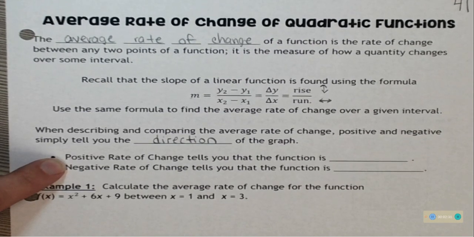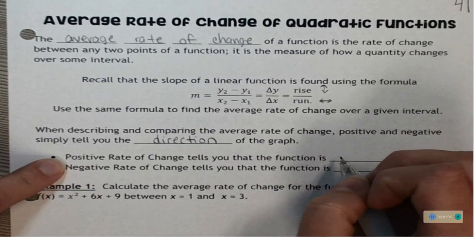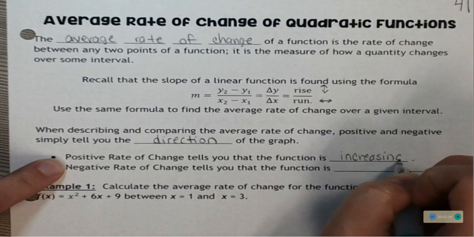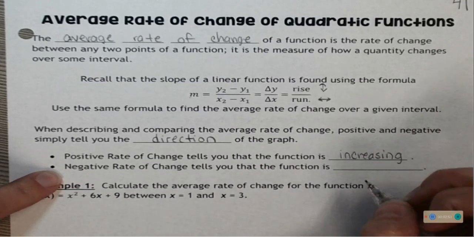A positive rate of change simply tells you that you're going up. So if you're going up, the function is increasing. A negative rate of change doesn't mean that it's less, doesn't mean that it's lower. It simply means if it's negative, which way is it going? Down. And so it is decreasing.